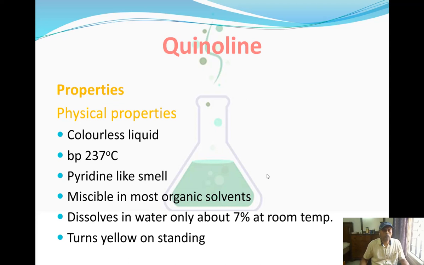It dissolves in water only to the extent of 7% at room temperature. If you heat the mixture, you can get a higher dissolution rate. It turns yellow on standing. It's not that stable. It can change color from colorless to yellow upon standing at room temperature.